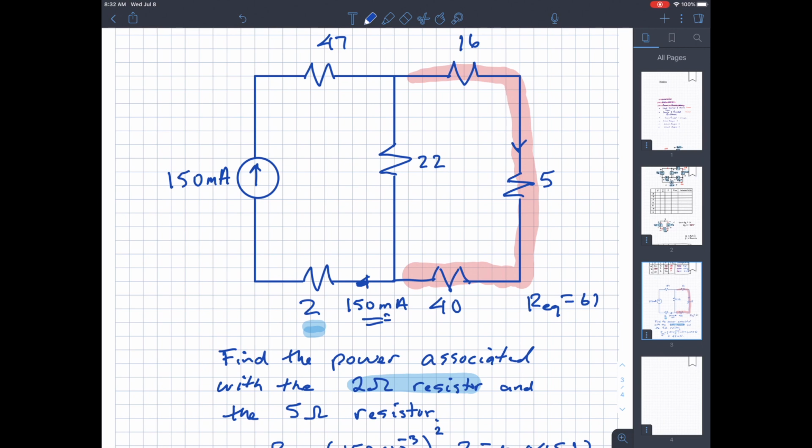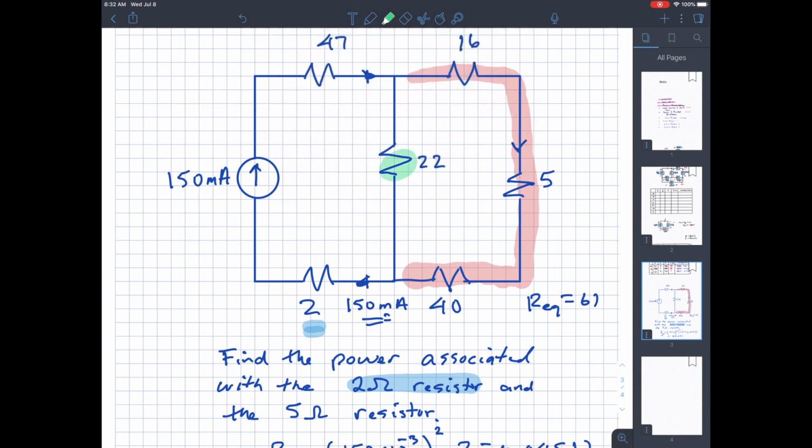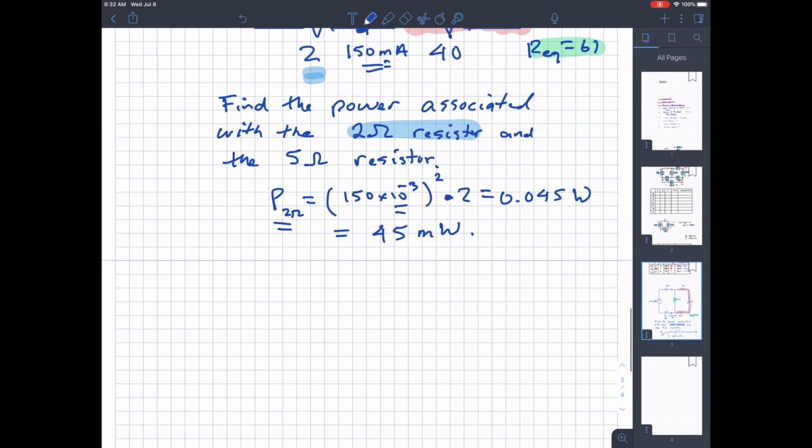You just add these together: 16 plus 5 is 21, plus 40 is 61. Okay, so that's good. Since I know the current coming in here, if I combined this resistance with the R equivalent on that branch, I would get this down to a simple circuit that looks like this.